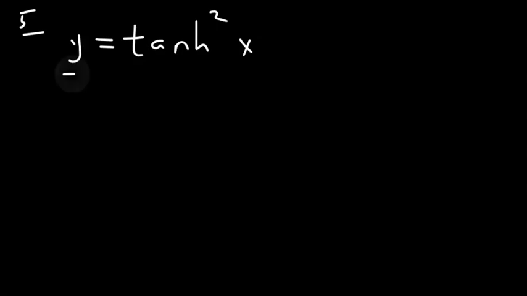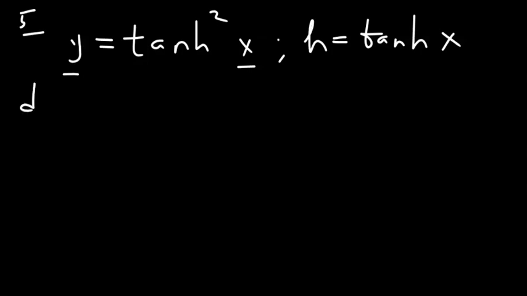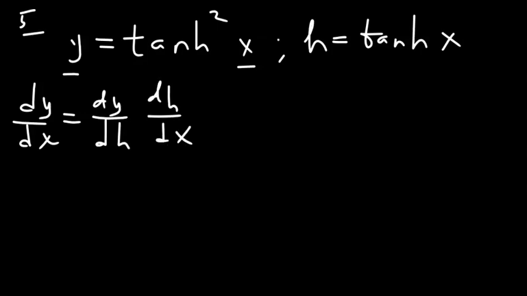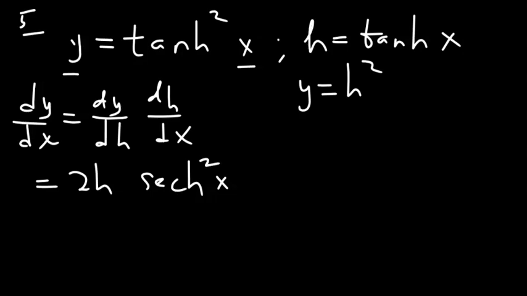To differentiate y with respect to x, let's substitute again h to be hyperbolic tangent of x. So dy dx is dy dh times dh dx. dy dh, because now your y is h squared, will be 2h, and dh dx is hyperbolic secant x squared.